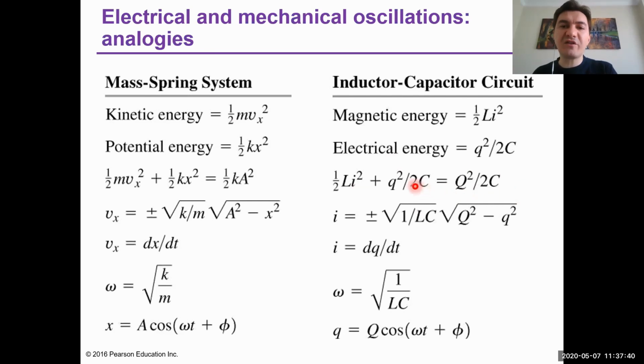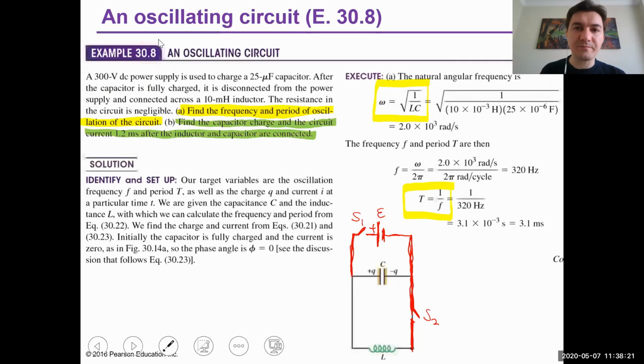So the total energy is shared between the magnetic energy and electrical energy here, kinetic energy and potential energy. Again, the expressions for the current and velocity are very similar. Here we have angular frequency of the electrical oscillation in LC circuit. Here we have angular frequency of the mass spring system. So we have this kind of analogy between electrical and mechanical oscillations. So just to remind you.